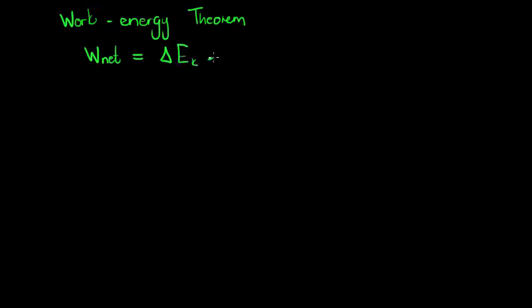Change in kinetic energy is not kinetic energy, it's the change, which means it's the kinetic energy, half mass times velocity squared, after or final, minus the kinetic energy initial. So that's the formula.